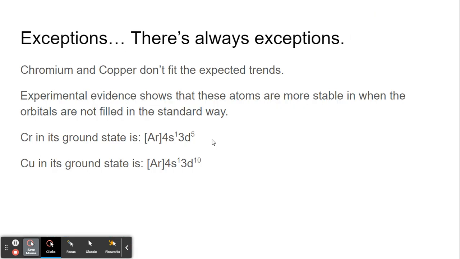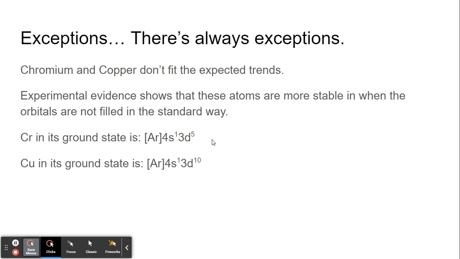Okay. A couple things I want to point out. When you go through and draw the electron configurations and the orbital diagrams, you probably went through and did things very methodically, and that's great. But you should know that there are a couple of exceptions.